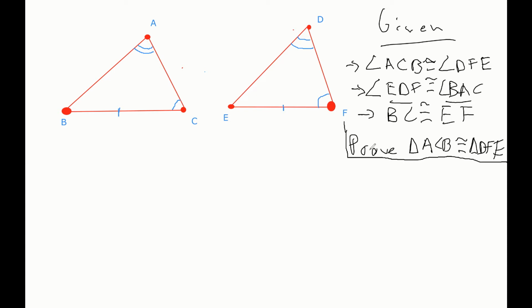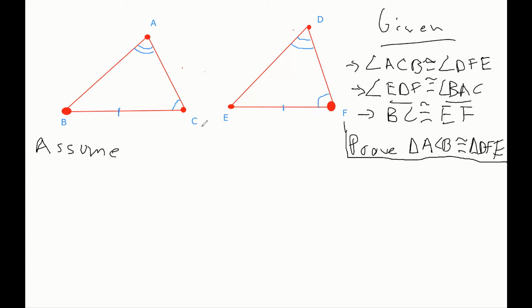Eventually, what we wish to show is that there is congruence between these two triangles, that is, ACB is congruent to triangle DFE. We're going to try and do this by contradiction. Whenever we prove by contradiction, we want to assume something.